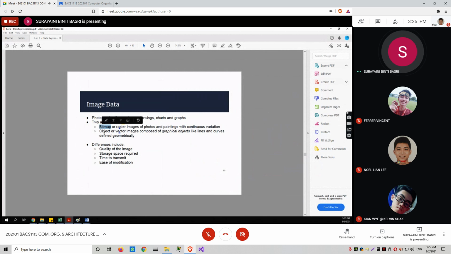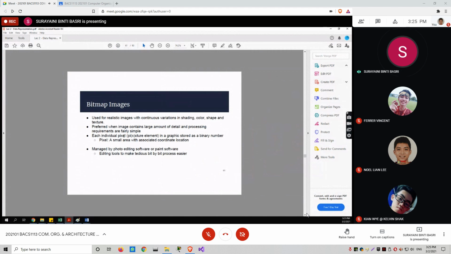These two approaches differ in terms of image quality and the storage space required. Usually, object occupies less space compared to bitmap. They also differ in time to transmit and ease of modification. We will know which one is easy to modify, and which is not, in our next slide.